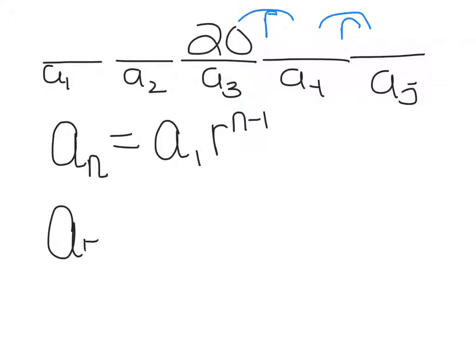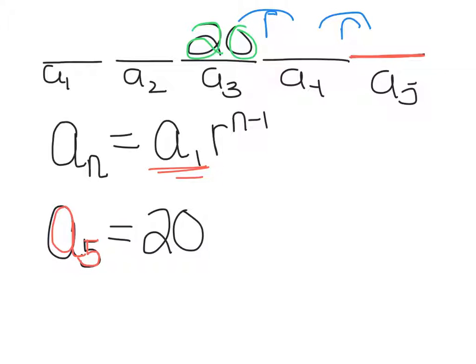I want to find the fifth term. I want to find this fifth term right here, a sub 5. Well, I don't know the first term. Right here in the formula it asks me for the first term. I don't know it. And you could go back and find it, but let's use what we know. I know the third term. So my third term is 20. And we've already talked about how if I'm at 20 right here, that I have to multiply by r 2 times to get to my a sub 5, or my fifth term.